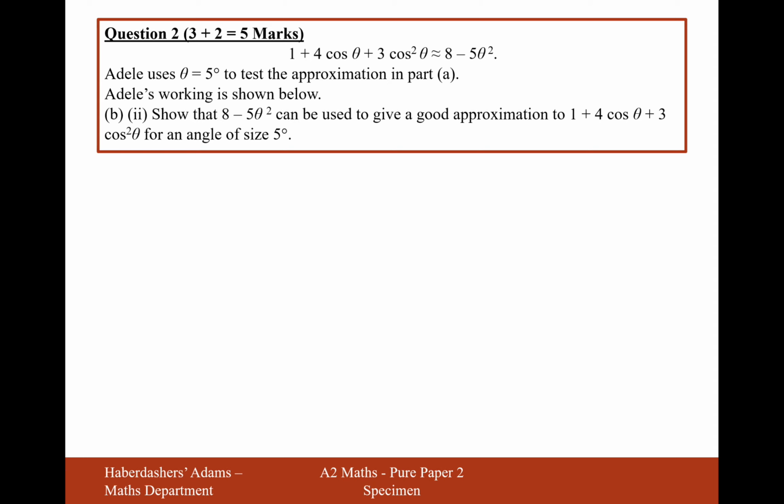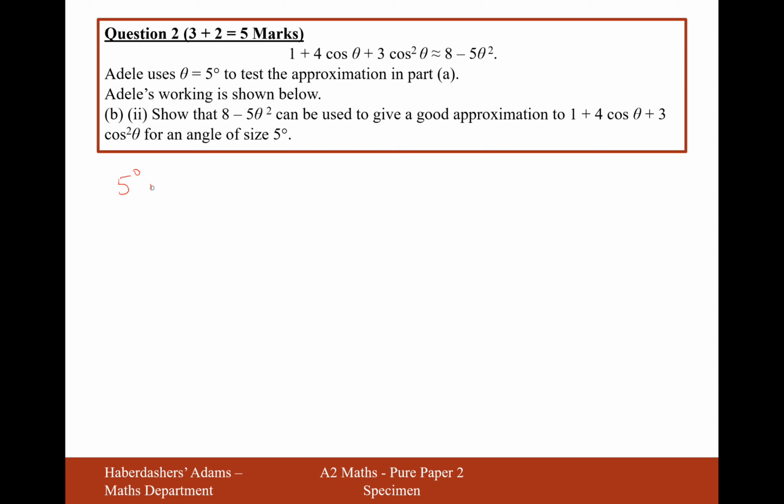So B part II: show that 8 minus 5 theta squared can be used as a good approximation to that expression for an angle size of 5 degrees. Well, the first thing we'll need to do is convert 5 degrees into radians.